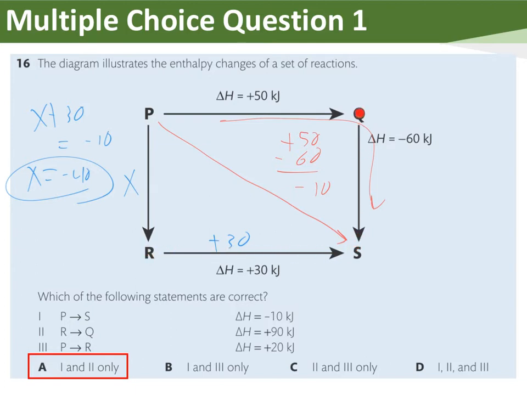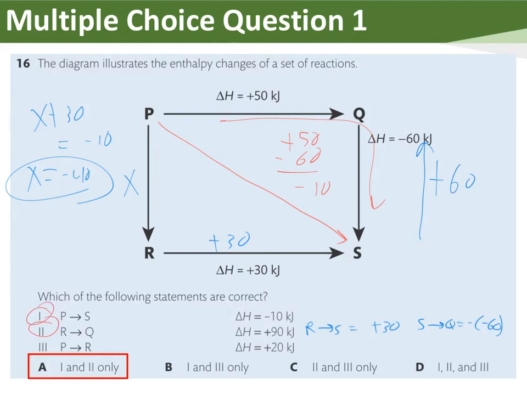R to S equals positive 30. S to Q equals negative 60. Q to S is negative 60, so that means S to Q is positive 60. So I get 30 plus 60 is 90, so 2 is correct.